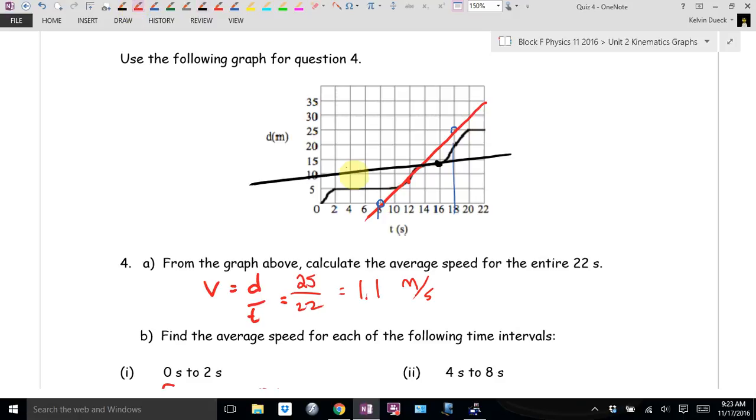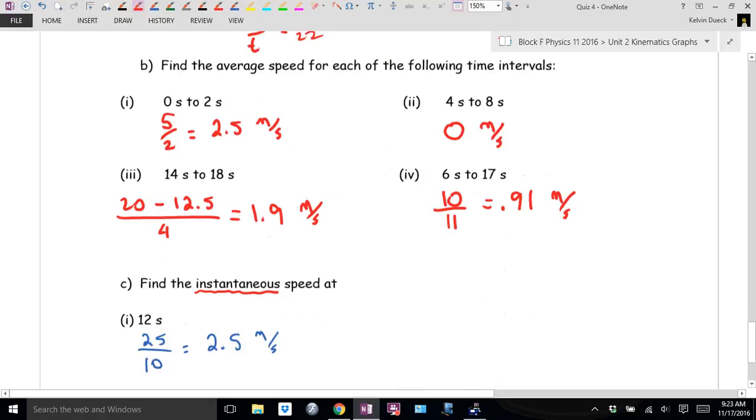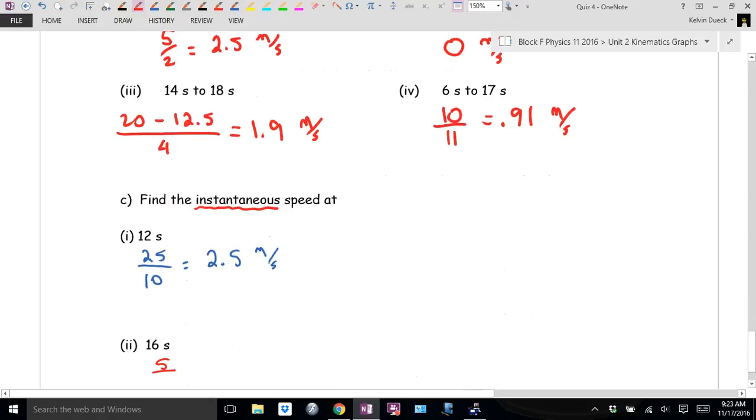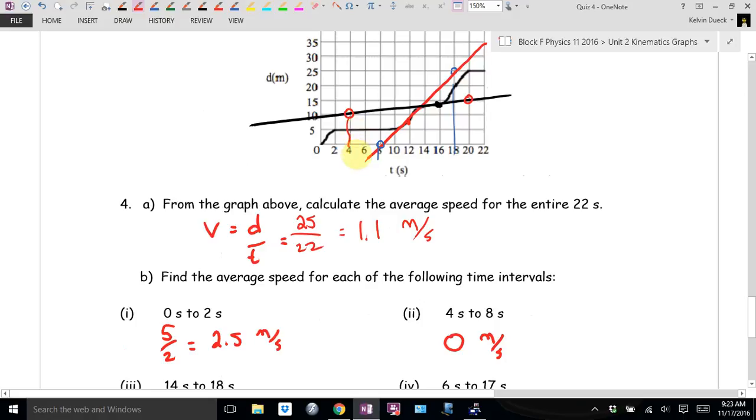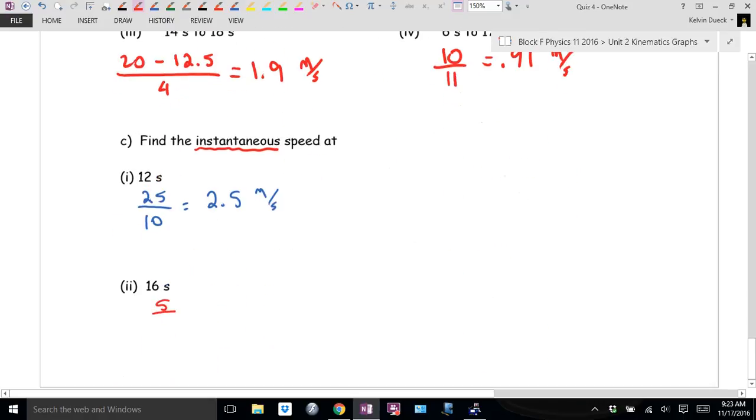I'm going to use, I think, this point right here and this point right here. So my rise is 5, 1 square vertically, and my run is between 4 and 20. 4 and 20? Yeah, 16.